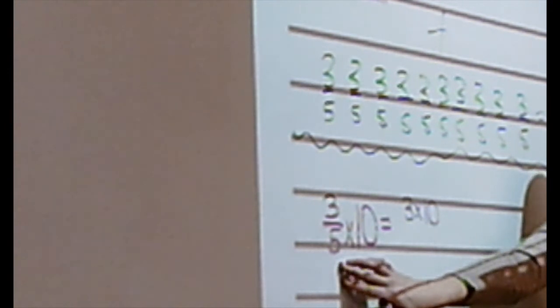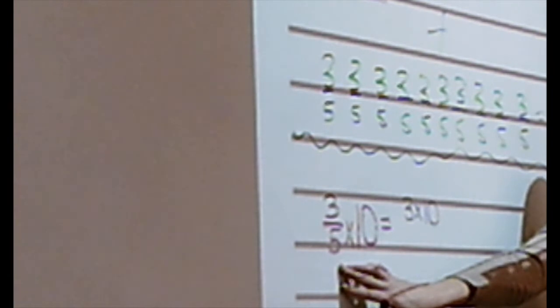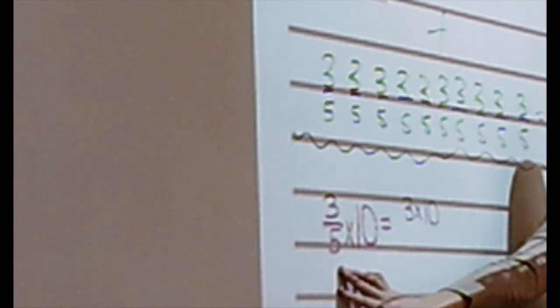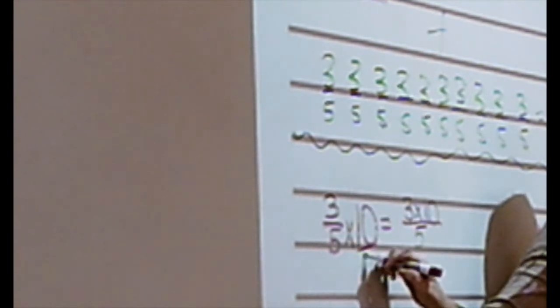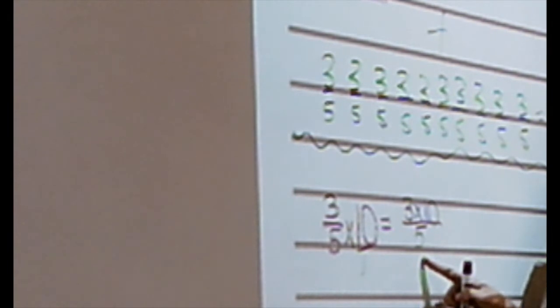No. Because we still have a little friend down here, 5. What do we do with the 5, Liliana? Yeah, it goes on the bottom. Okay, we did this earlier with a different problem. Because we can imagine the 1 under the 10, 3 times 10 is on top, and 5 times 1, which is 5, is on the bottom.